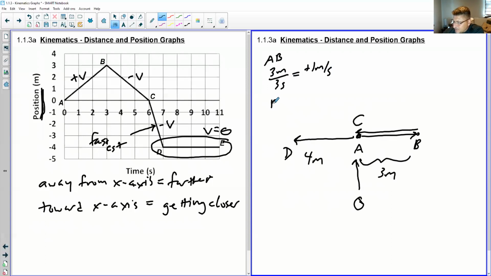For interval BC, if you want the velocity, you need to put in the change in position, which is negative 3 meters over 3 seconds, for a velocity of negative 1 meter per second. Whereas interval CD would be negative 4 meters per second.